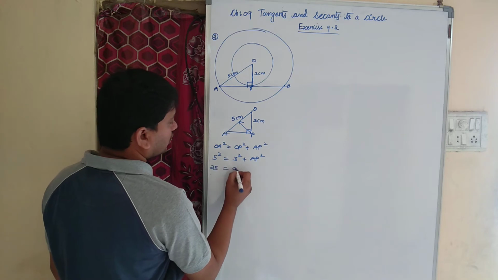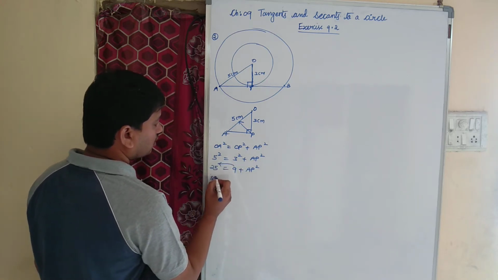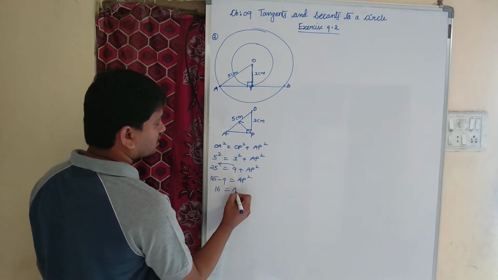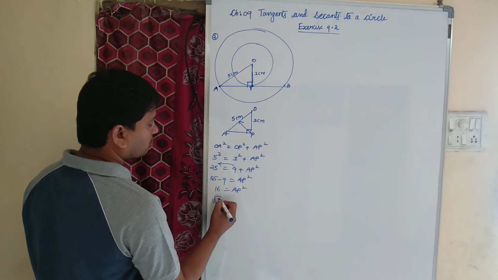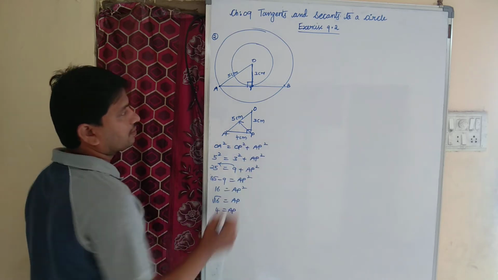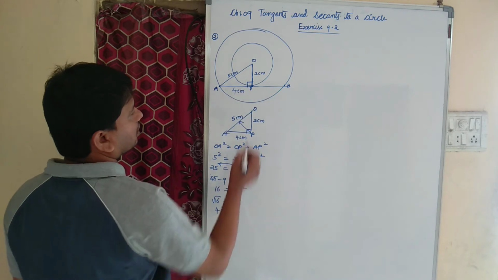25 equals 9 plus AP square. 9 you transpose: 25 minus 9 equals AP square. 25 minus 9 is 16. The square you transpose, it becomes a root. What is the square root of 16? That is equal to 4. AP is 4 centimeter. So what did we get as the length of AP? 4 centimeter.